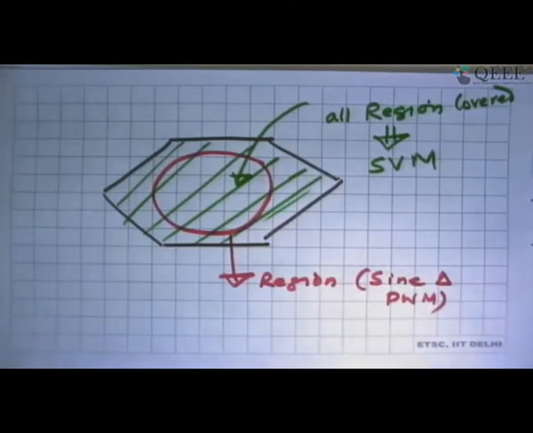So in space vector modulation you cover the whole region of the hexagon, but in sine triangle modulation, you can cover only a portion of it.